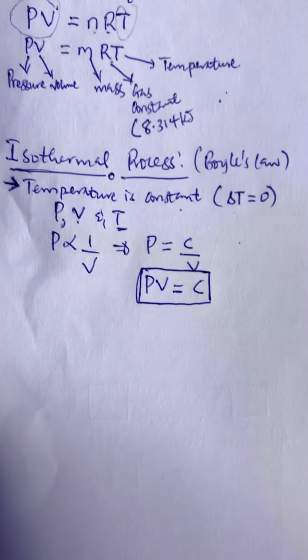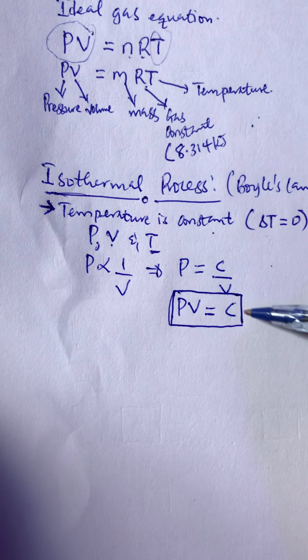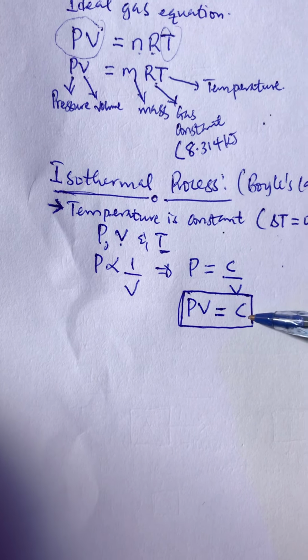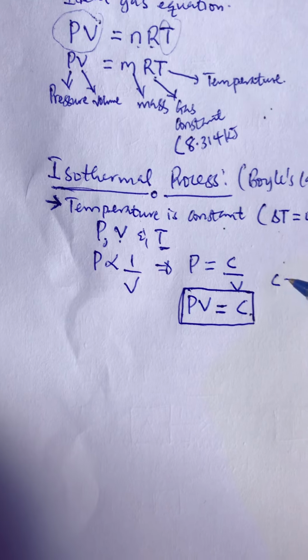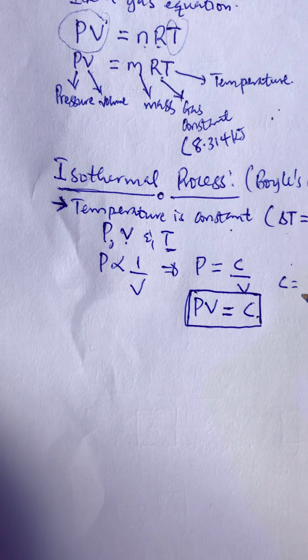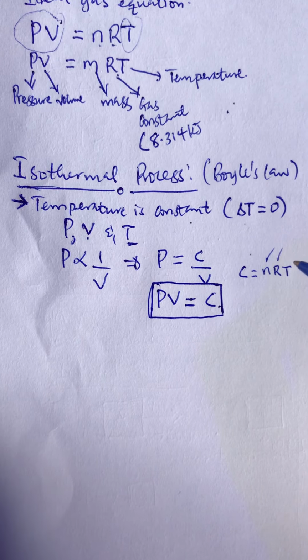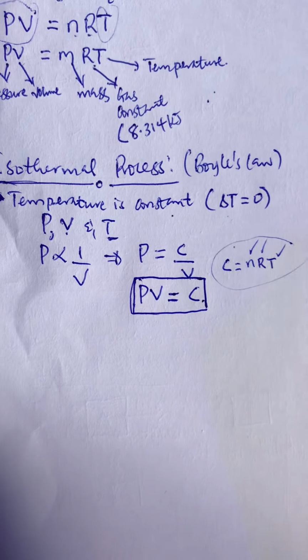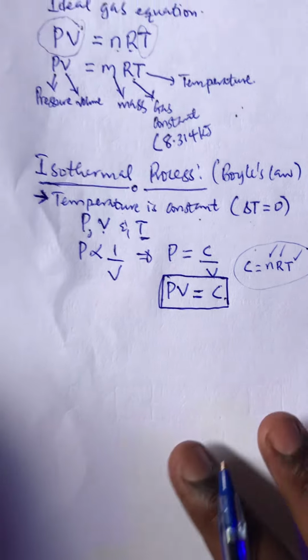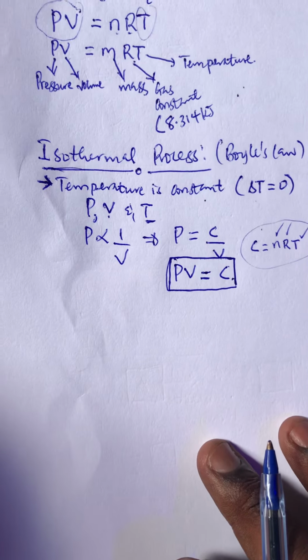Whenever they say the process is isothermal, PV is equal to constant. This constant C can also be equal to nRT, since n is a constant, R is a constant, and temperature is a constant. So the whole of that is constant.